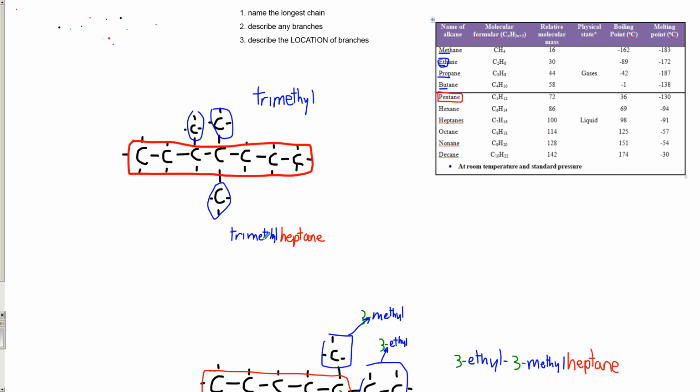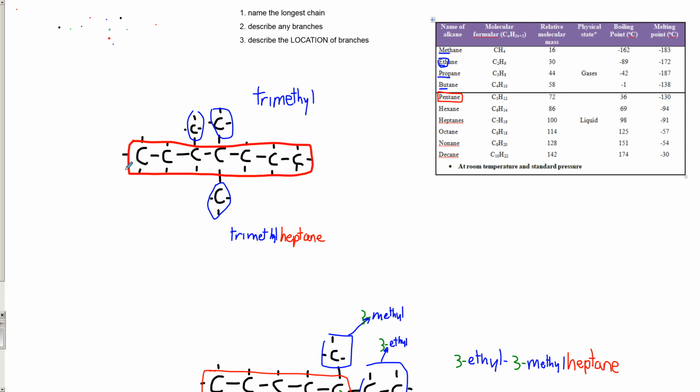And the addresses, remember, have to be the lowest number. So there's 2 options. We can either go 1, 2, 3, 4, 5. So this would be 4, 4, 5, trimethylheptane. Or we could go left to right, pardon me, which would give us 3, 4, 4.